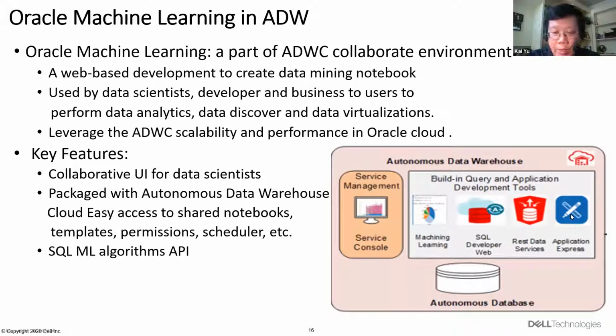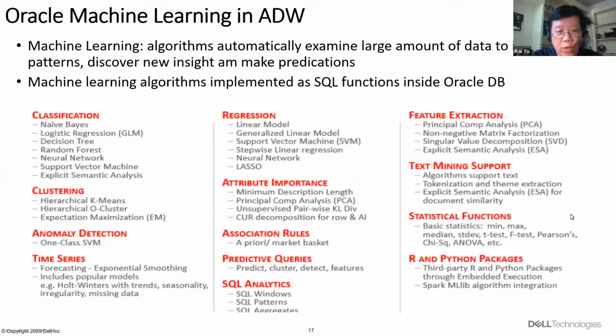Inside the notebook, you can run SQL queries or pure SQL procedures. The important thing is they also provide a lot of GUI interface for you to look at data in different ways, which we're going to discuss more. All of the data mining procedures can be executed in this Oracle machine learning notebook, and all those important algorithms are included inside of Oracle machine learning.